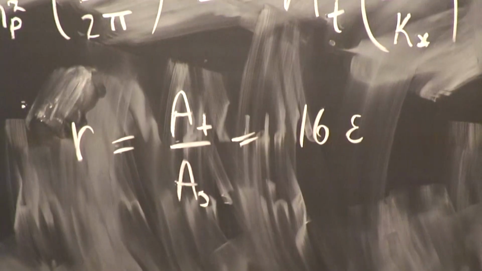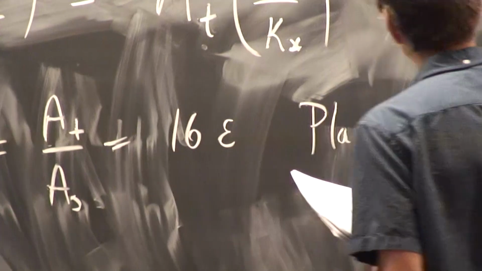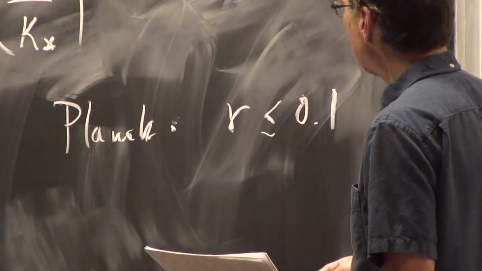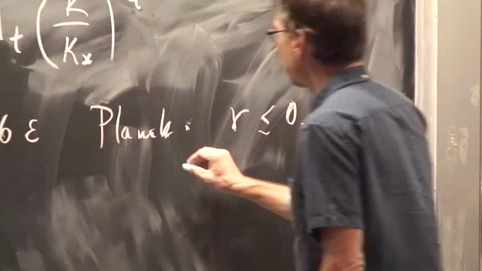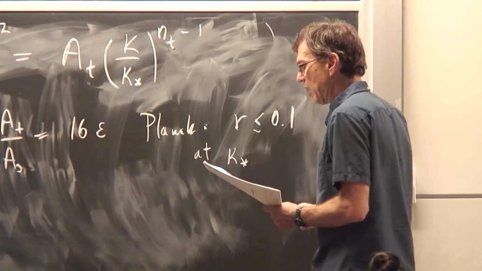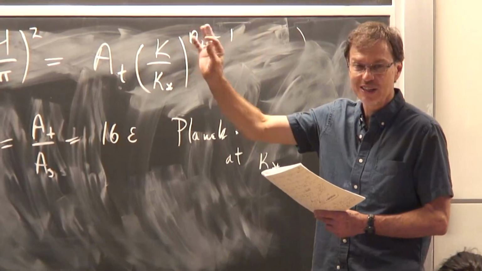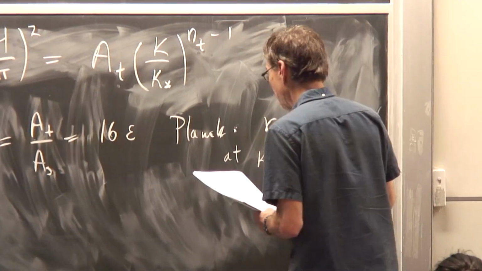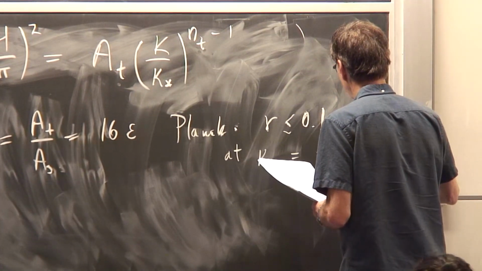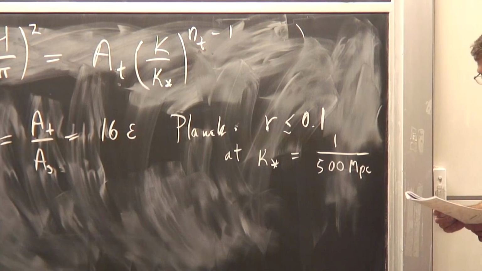So that gives a constraint on epsilon, and the current constraint from Planck is that it's less than about 0.1. But for some reason, they choose a different reference scale for the tensors. I guess the reason they do that is because it's sitting down there at lower wave numbers. So they use 1 over 500 megaparsecs to normalize that.